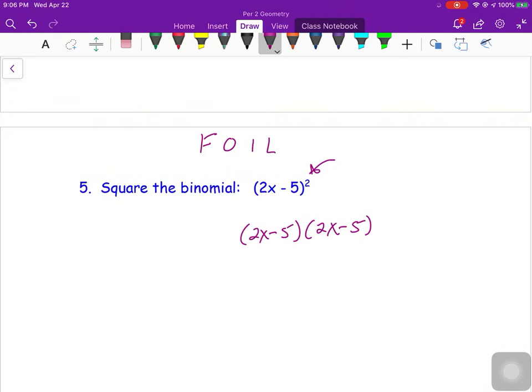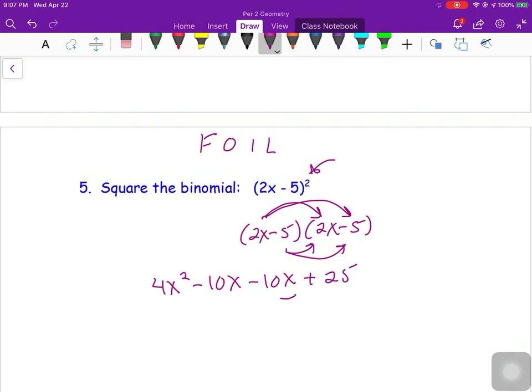And then we follow our FOIL process. 2x times 2x, 4x squared. 2x times -5, -10x. -5 times 2x, another -10x. -5 times -5, +25. Combining those two like terms in the middle, 4x squared minus 20x plus 25.